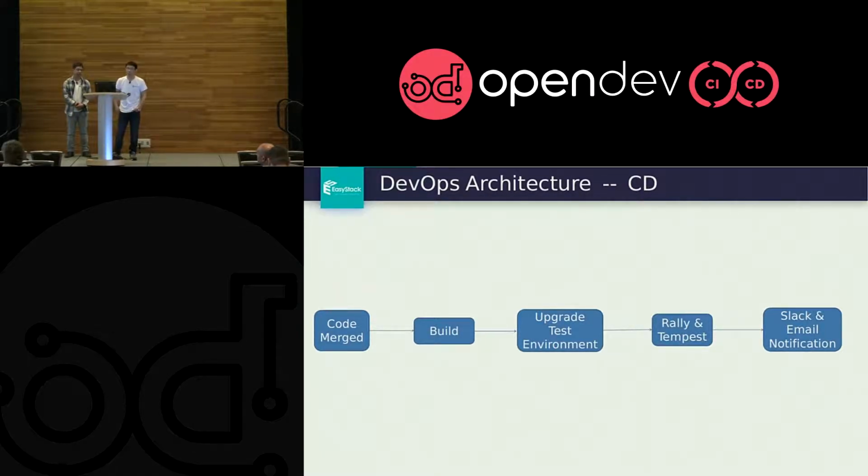The CD is triggered by the code merge. Then we build the images and upgrade the test environment. We have several test environments, and we upgrade them in parallel. Then we run Rally and Tempest, the community tests, maybe plus our own production features, on each environment.